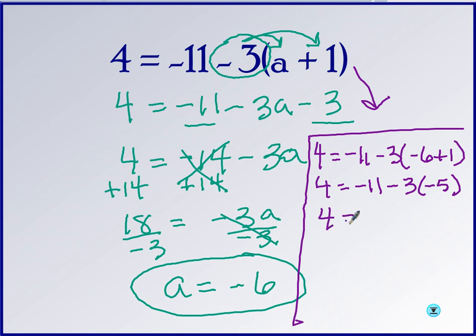Now I have 4 equals negative 11. Negative 3 times negative 5 gives me a positive 15. And negative 11 plus 15 is 4. Since 4 is equal to 4, I know that negative 6 was the correct answer. I can be confident about it and move on to the next problem.